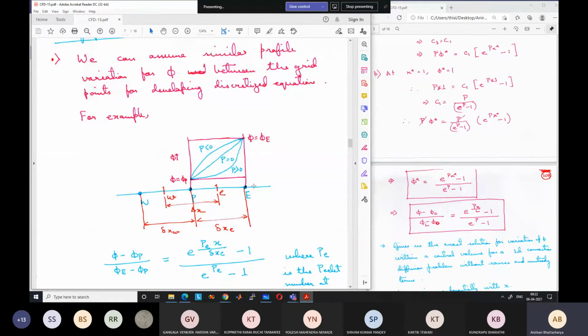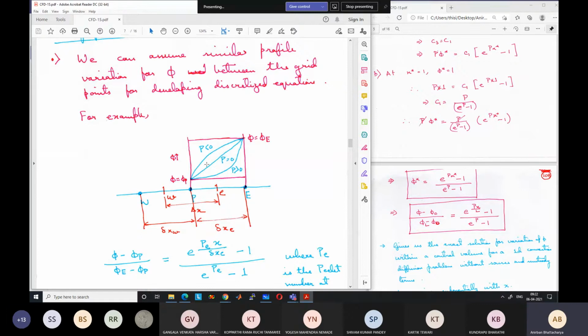The nearest grid point on the east side is capital E and on the west side is capital W. The distances between the nearest grid points are delta xe on the east side and delta xw on the west side. The value of the variable phi is phi p at point P and phi e at point E. We are interested in finding the value at the interface small e.